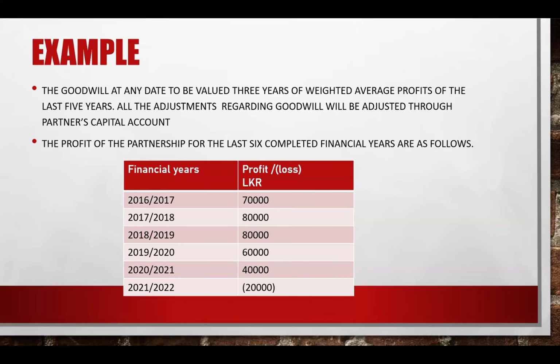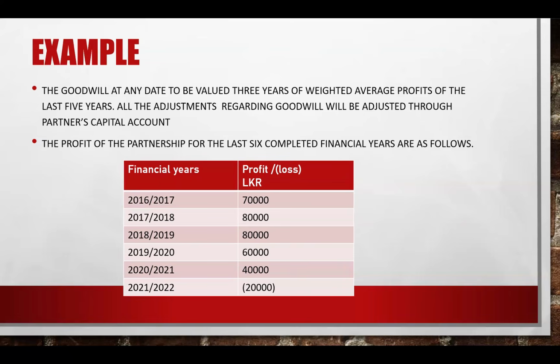They provided us the entity profit from 2016 to 2022. So we have to ignore the 2016 and 2017 profit. I think you can understand why I did it like that. We want the last 5 years' profit.